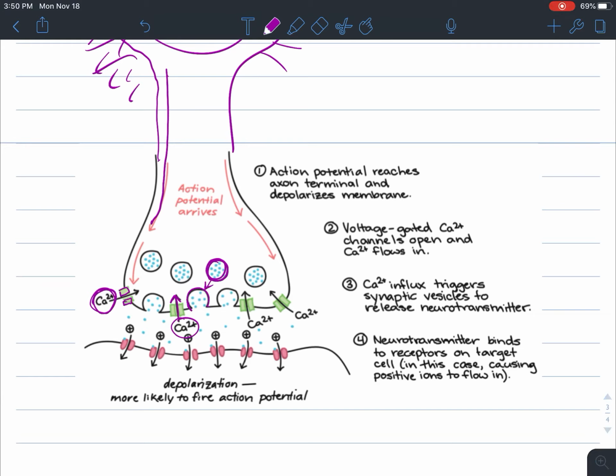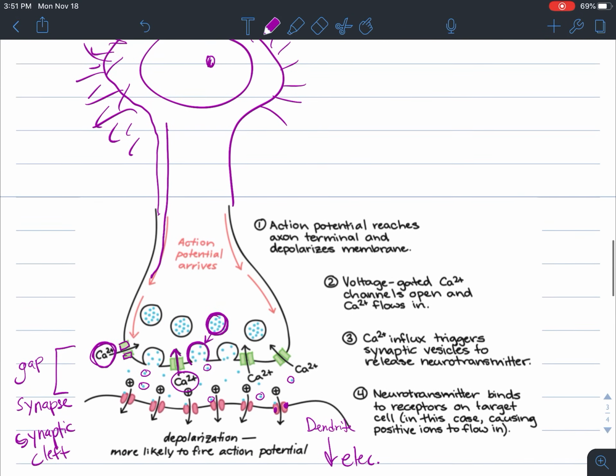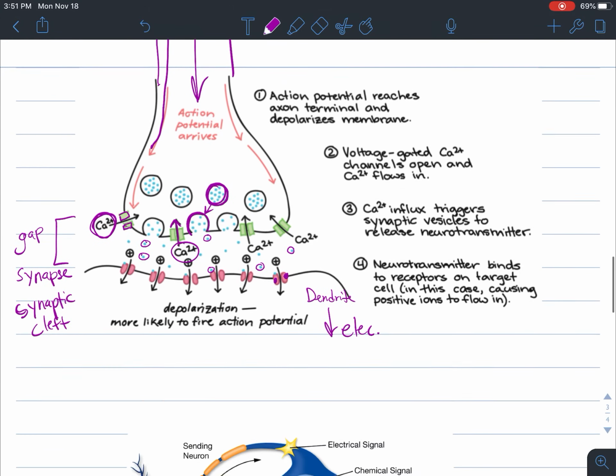They go and they bind to the cell membrane, they open up, and then all these little blue things here are the neurotransmitters. Those travel across this gap. Remember, the gap is called a synapse or a synaptic cleft. And they then enter these receptor cells, which is our next neuron. This would be the dendrite of the next neuron, and then those send an electrical signal down to the end of the axon, and this process repeats itself over and over and over again.